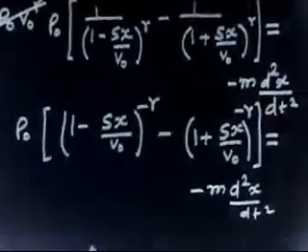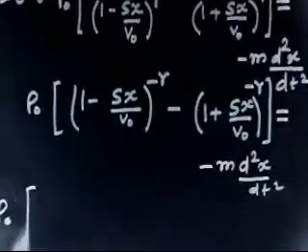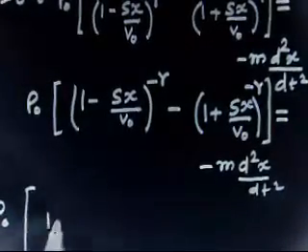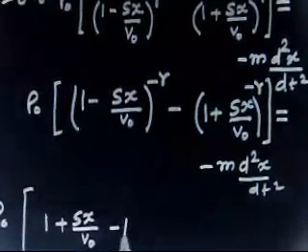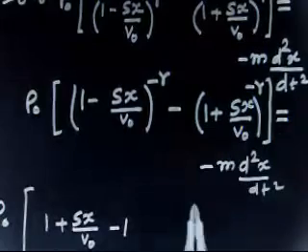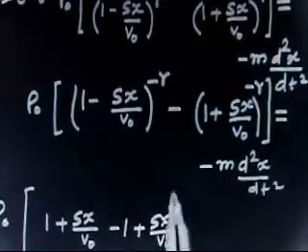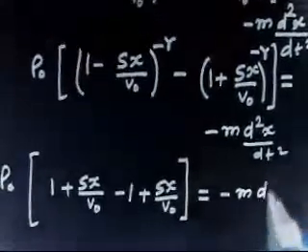Now if I expand binomially, (1 minus x) to the power n is 1 minus nx. So simply this will be 1 plus Sx by V0, and this will be minus 1, and this will be minus of Sx by V0, so minus minus plus Sx by V0. This is equal to minus m d2x by dt square.